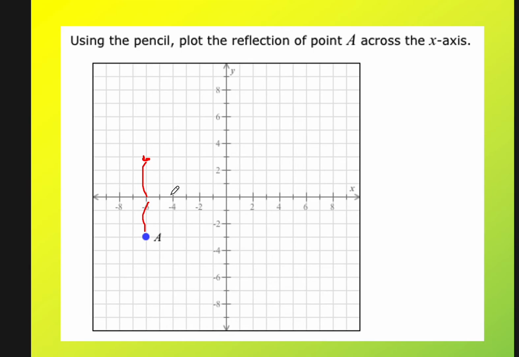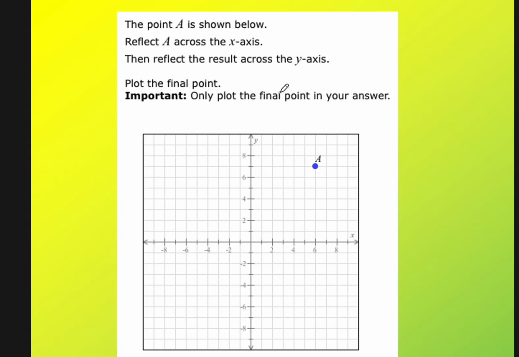The point was at negative 6, negative 3. Now that I've flipped it over the x-axis, it's my y that should change. Now it should be at negative 6, positive 3, which it is. Don't forget to close your parentheses here. Anytime we have coordinates, we gotta close them.